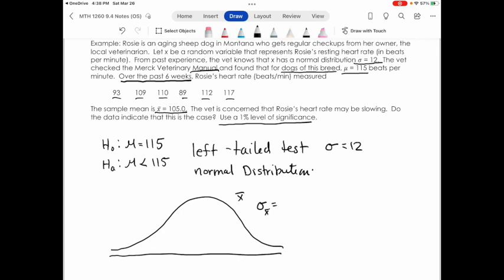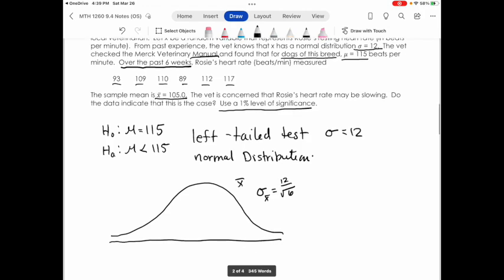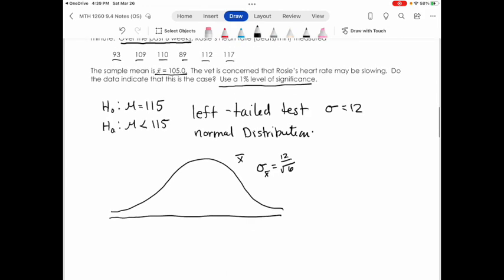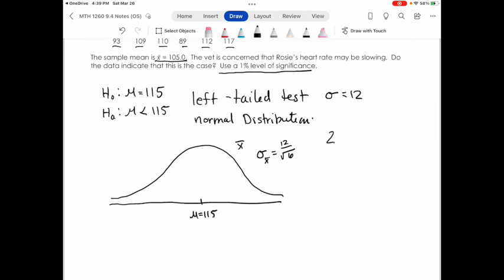So we're talking about X bars, which means my standard deviation for X bar is going to be 12 divided by the square root of the sample size. Our mean is 115 in the center.